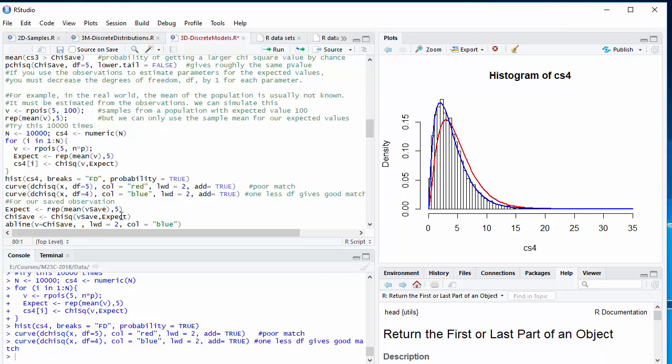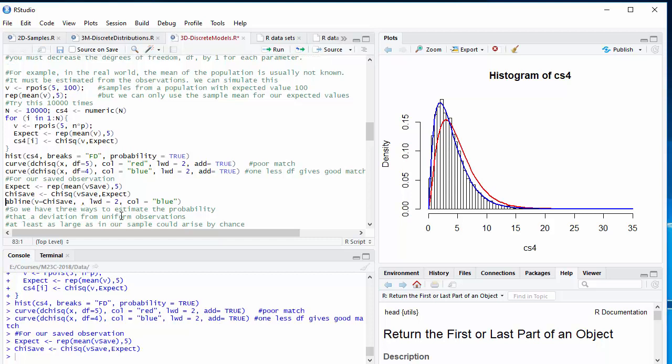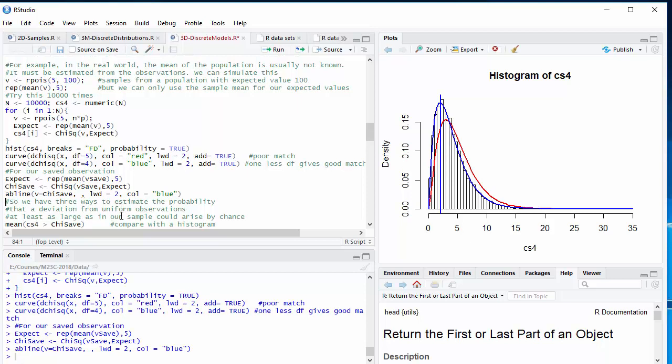A lot of people just learn this as a rule of thumb. I'll come back to this again and again, and maybe a month from now you'll start feeling more comfortable with the chi-squared distribution. If you want to display our observation, the abline function with v equals chi-save draws a nice vertical line at the position of the saved value.